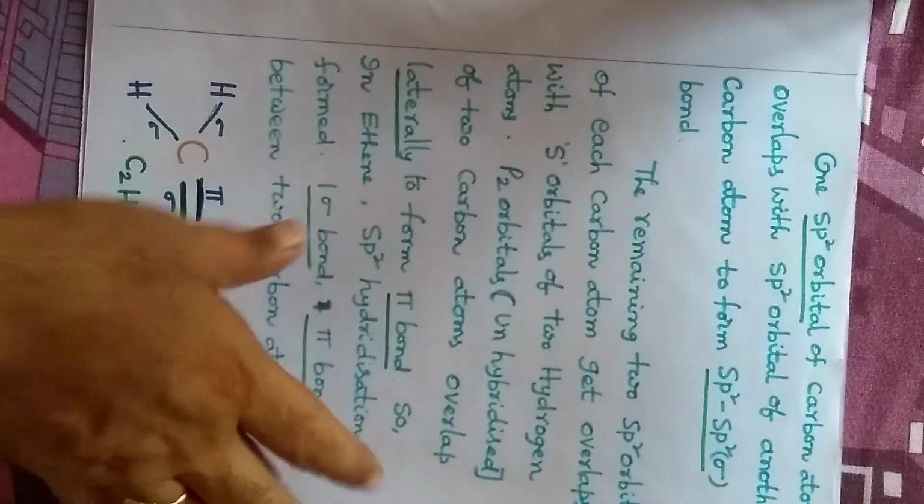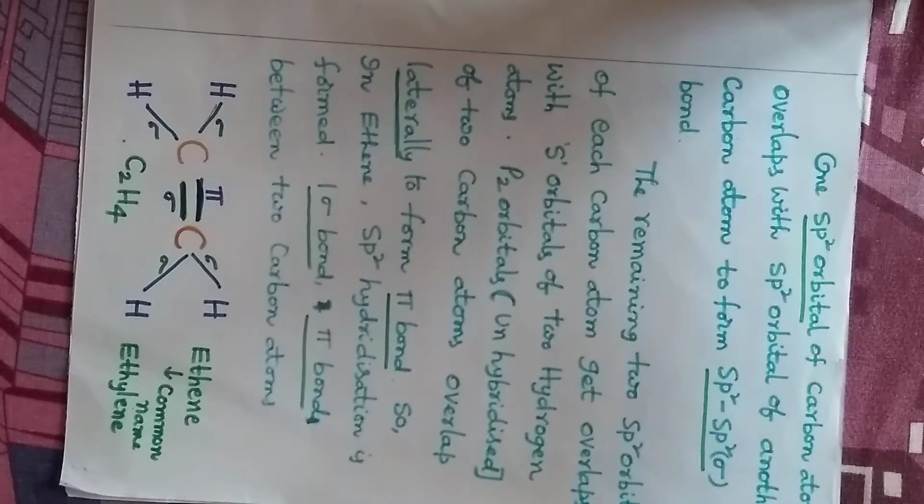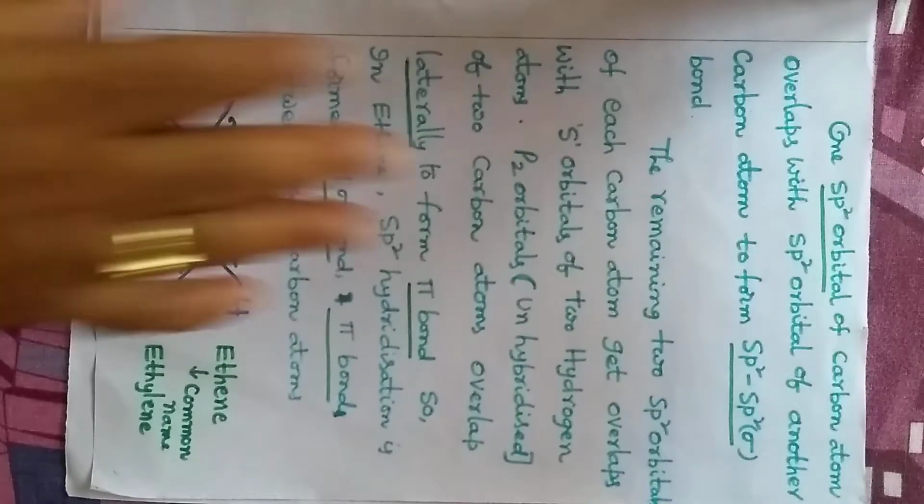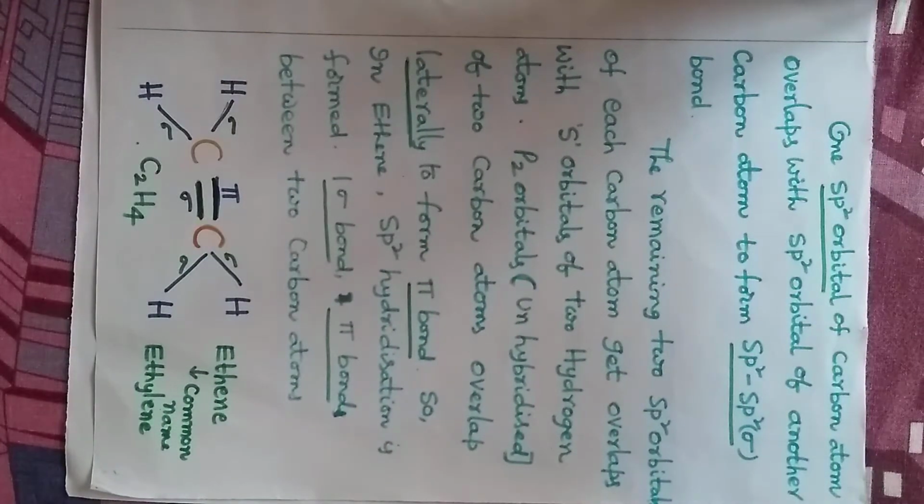Next you go for the detailed information. One sp2 orbital of a carbon atom overlaps with an sp2 orbital of another carbon atom to form an sp2 sigma bond. Very simple statement. You can write the statement easily. You know, in every carbon atom, how many sp2 orbitals are there? Previously you studied that. That is 3. There are 3 sp2 orbitals.